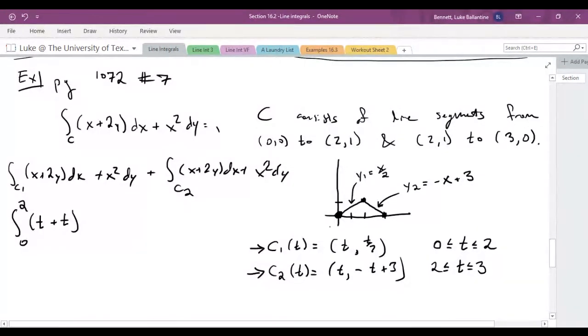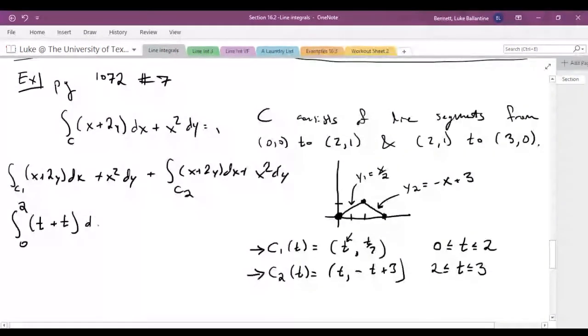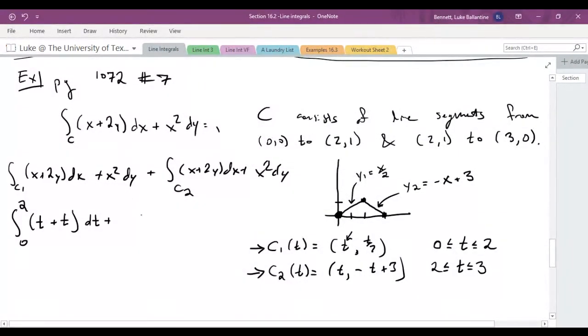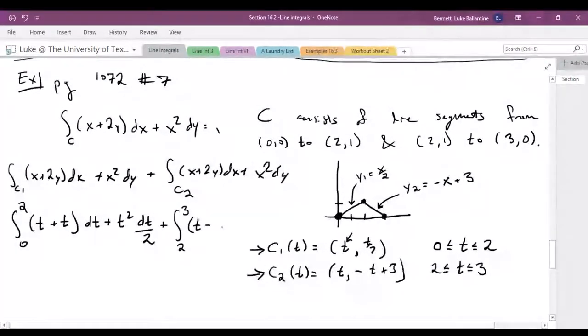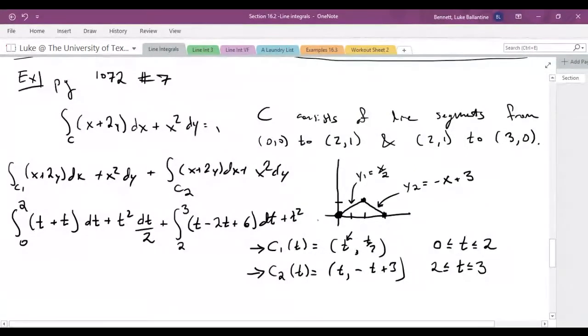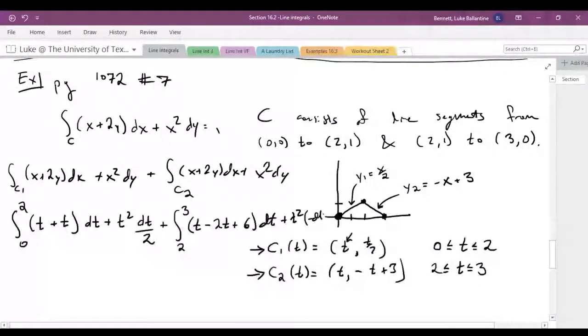Now dx is x prime of t dt. This is 1 dt. Plus x squared, well that's just t squared. dy is just dt over 2. And we're adding the integral from 2 to 3 of t minus 2t plus 6 dt plus t squared times negative dt.